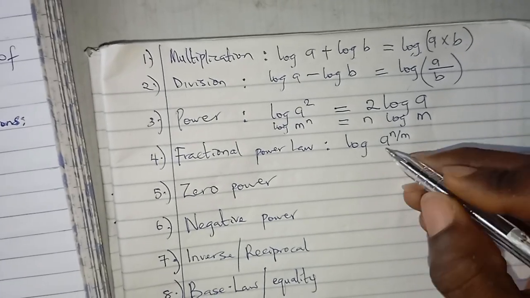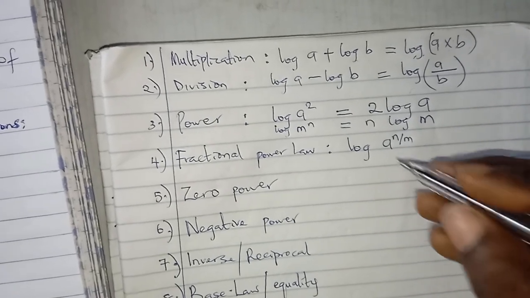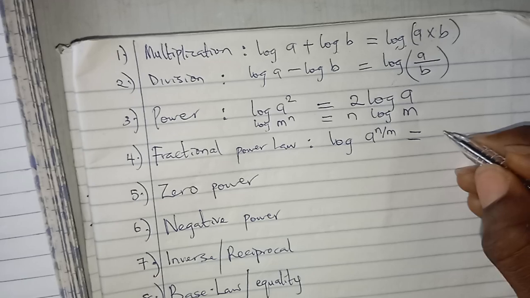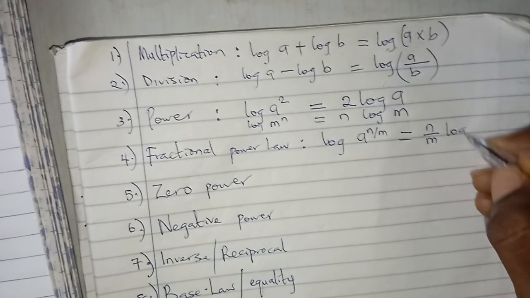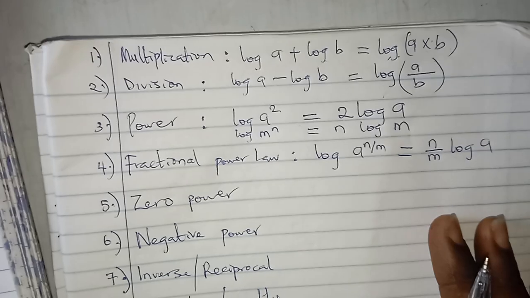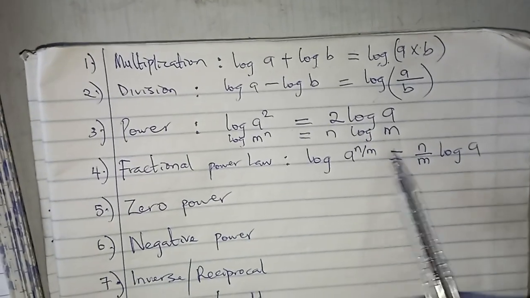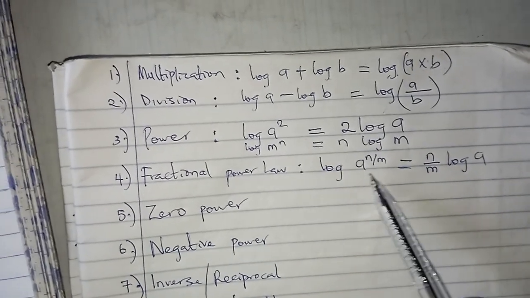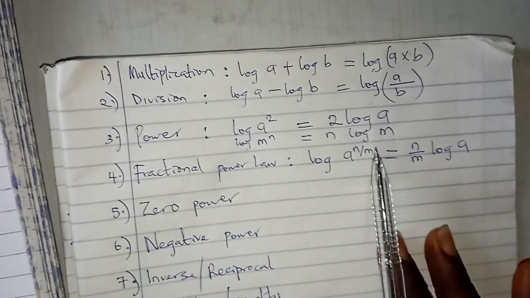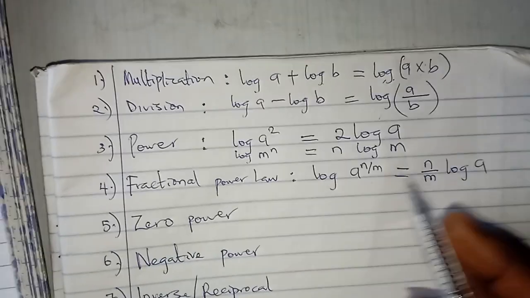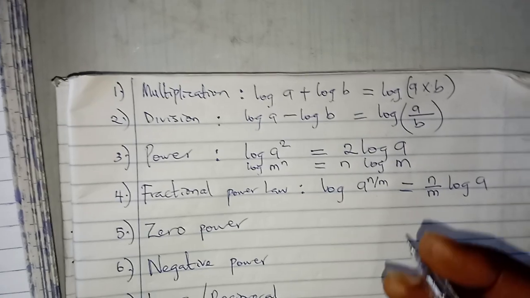So you can see that this will become the same thing as saying n over m log a. So you can see that the only difference between this power law and the fractional power law is just that it's a fraction moving. All right, so as we start solving questions, we'll see perfect examples where we put this to good use.